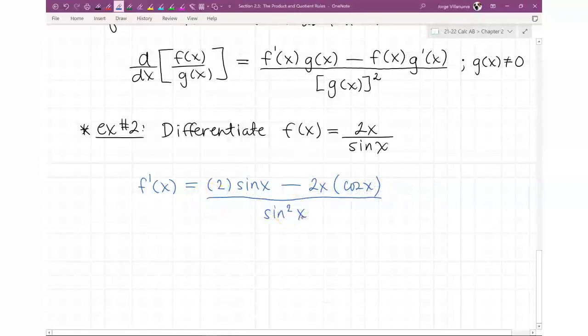Because sine of x squared is sine squared x. So f prime of x is 2 sine of x minus 2x cosine of x all over sine squared x.